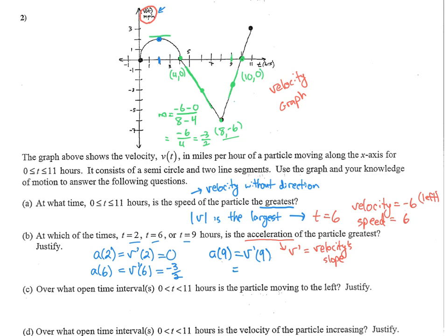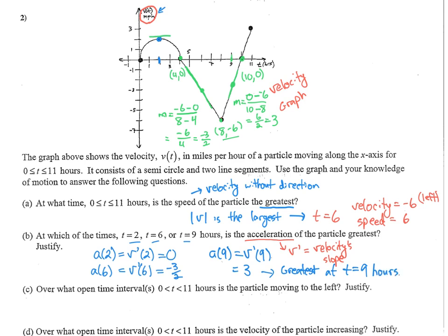So let's find the slope between those. We would have 0 minus negative 6 over 10 minus 8. So this would end up being positive 6 over 2, or 3. So my acceleration at 9 hours would be 3. So from there I can conclude that this is the time where the acceleration would be the greatest. So the acceleration is the greatest at t equals 9 hours.